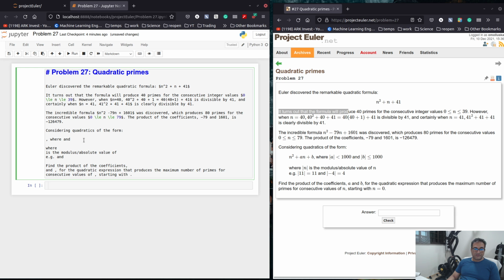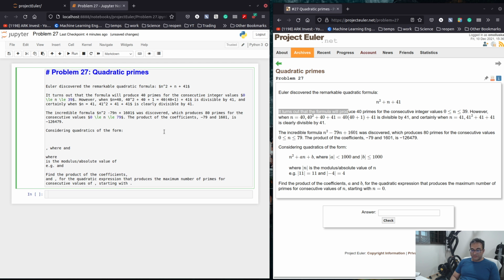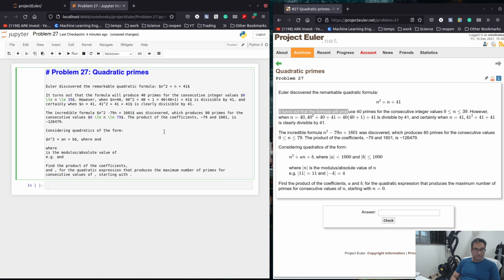Consider quadratics of the form n squared plus an plus b, where the absolute value of a is less than 1000 and b is less than 1000. So the absolute value of b is less than or equal to 1000.